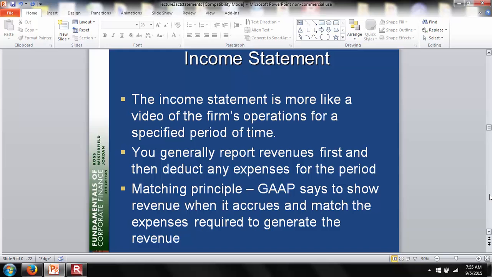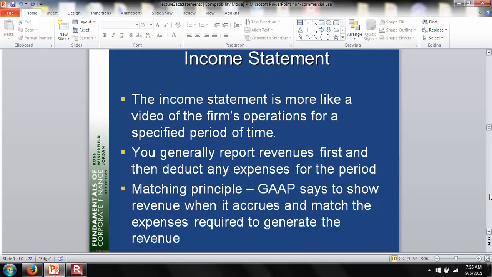Okay. So we talked about the balance sheet, and the balance sheet is like the financial picture of the firm. Now, if you look at the income statement, we are looking at the performance of the firm over a longer period of time. So that could be 1 year, that could be 3 months, that could be 6 months, and so on.